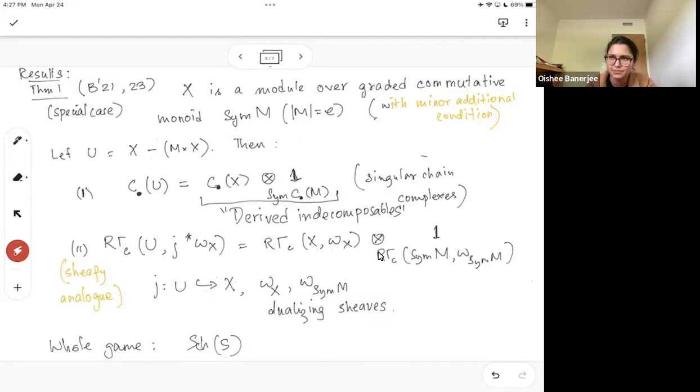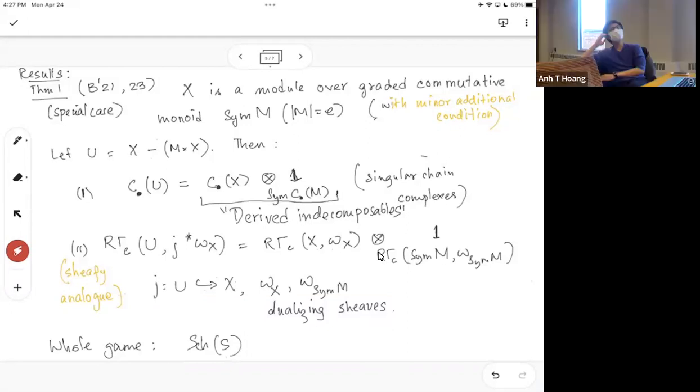I wouldn't say that's the maximum generalization one can do, but at least that covers whatever purposes we want.